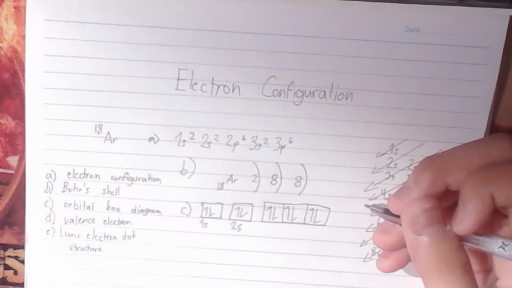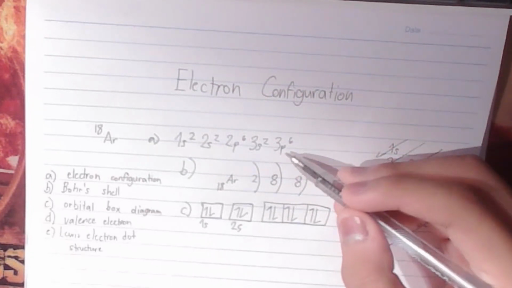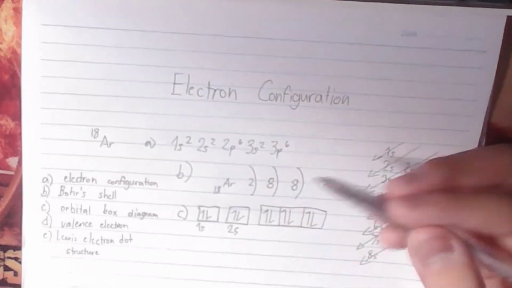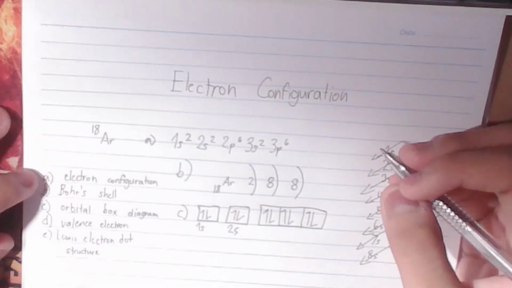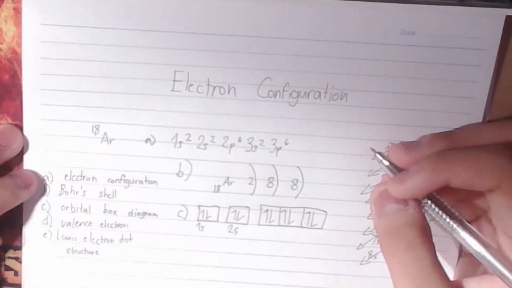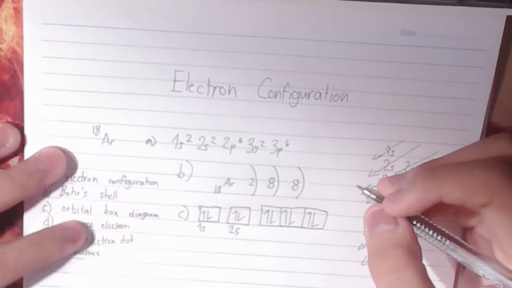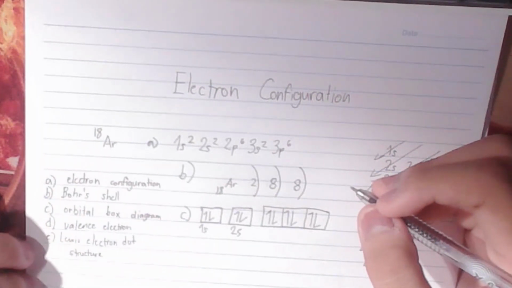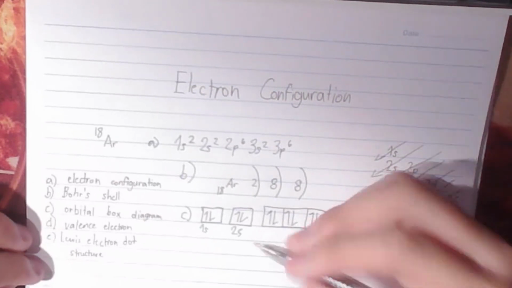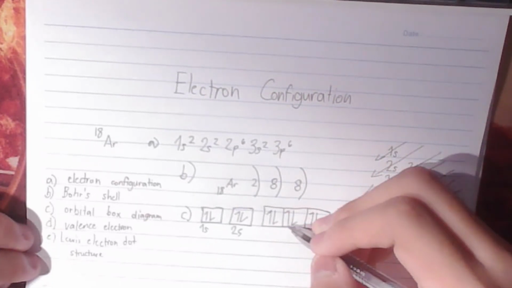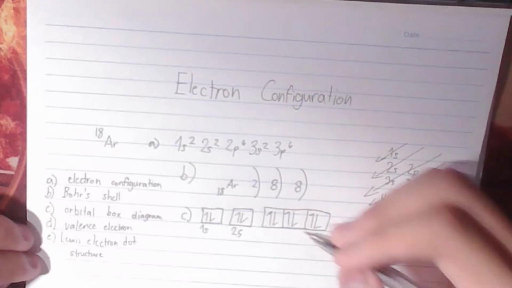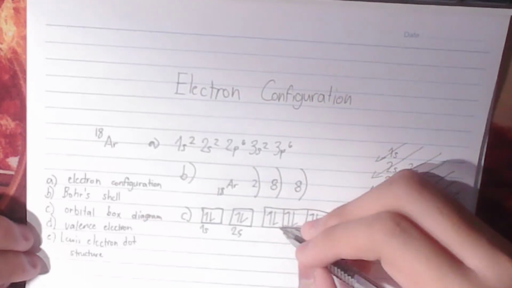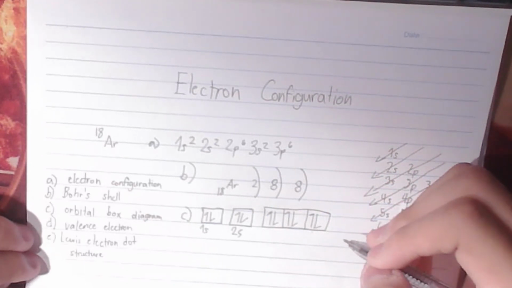But that's something you really need to take note of, especially if the orbitals are not full. For example, if you get 3p5, then that is not full. You don't just go clockwise, counterclockwise, clockwise, counterclockwise. You go clockwise, clockwise, clockwise, counterclockwise, counterclockwise, counterclockwise.